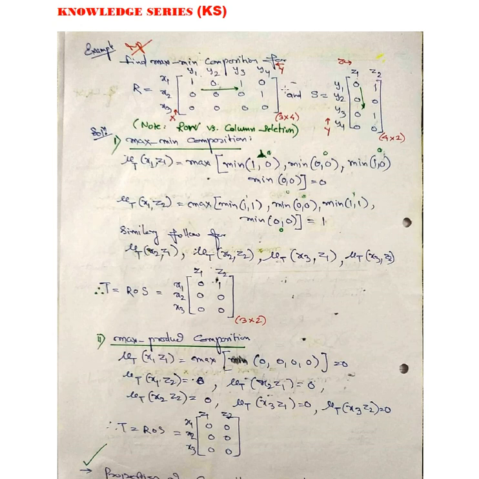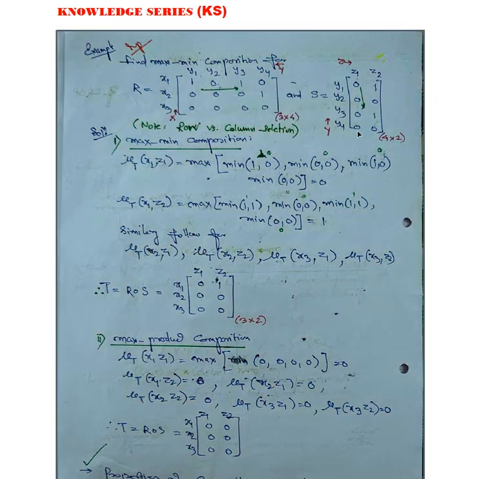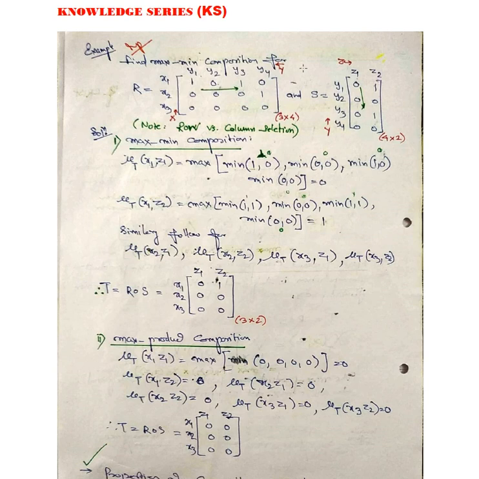So if you take these two matrices and try to take the minimum relation, x1 and z1, how will you do it? You take this row and this column. That means the x1 row and the z1 column. You forget about this y1, because if you focus on y1, you will get confused.